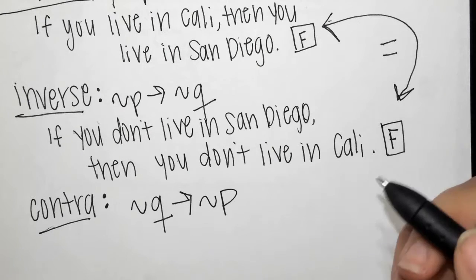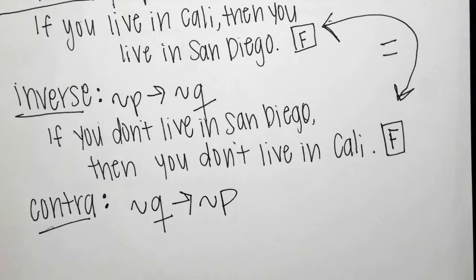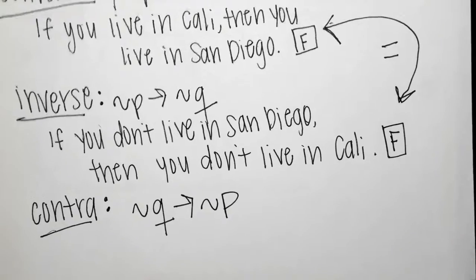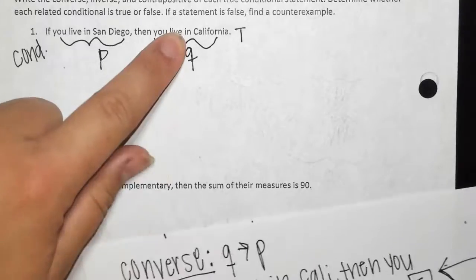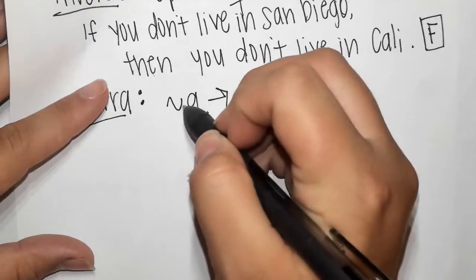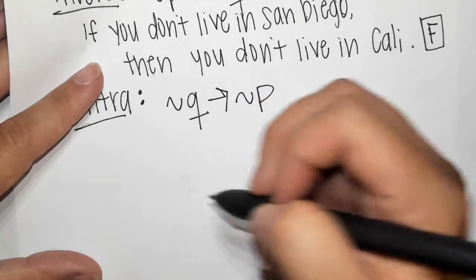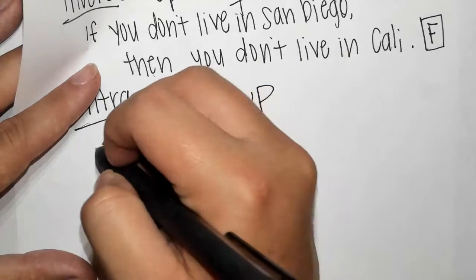Not Q, then not P. Y'all with me? Come on, we're almost done. Well, it's Q, so I'm going to look back to see what my Q was. Q is if you live in California. So I have to negate it. So now it's if you don't live in California.